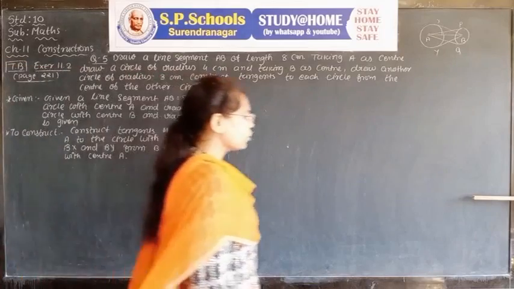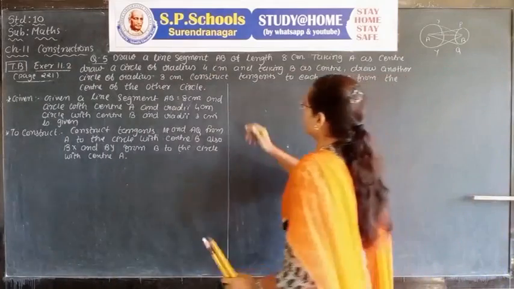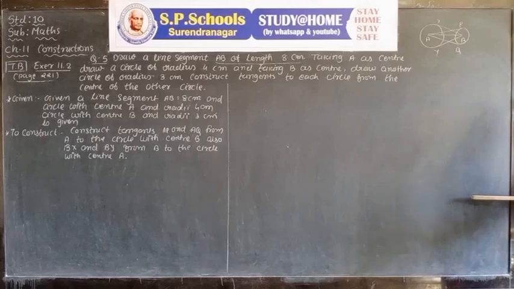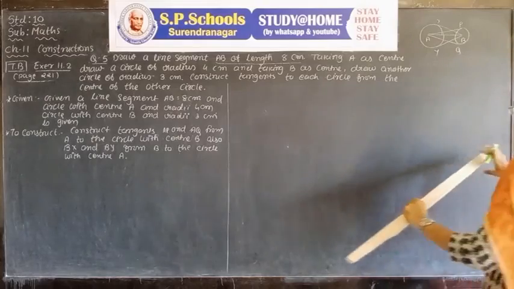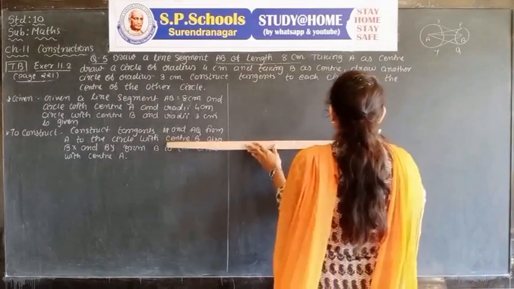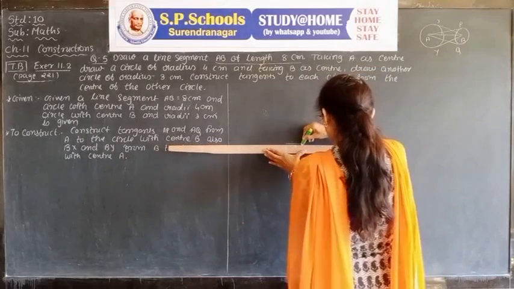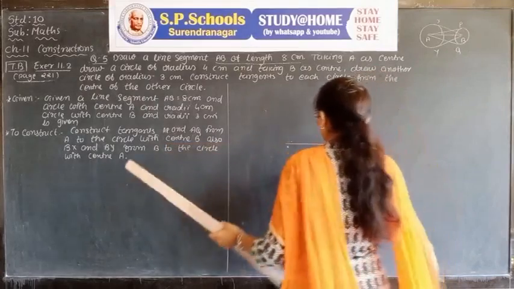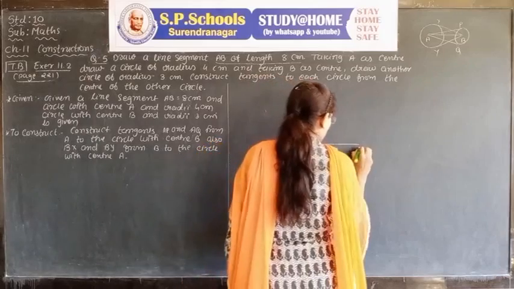Now let us draw the construction. To draw the construction, first of all we have to draw a line segment of length 8 centimeters. Take your scale and draw a line segment of length 8 centimeters exactly. Name it AB.